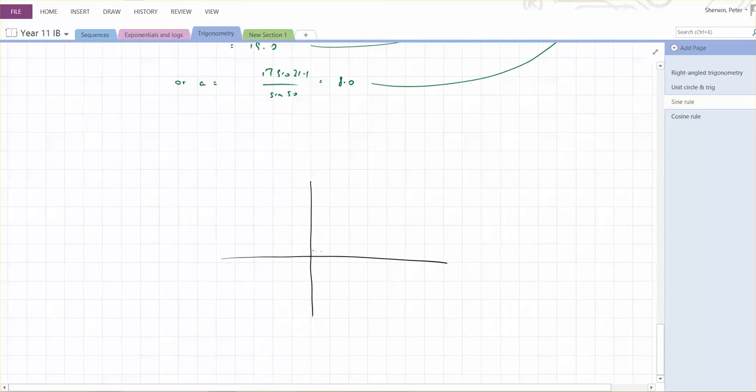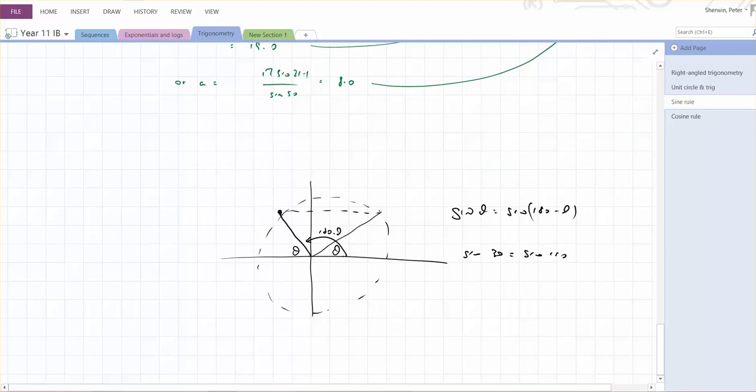If we find an angle to be theta, there's an angle over here with the same y coordinate, 180 minus theta, that is equal to this one. So we know that sine theta is equal to sine of 180 minus theta. So for instance, sine 30 is equal to sine 150 because they've got the same y coordinate, which is there.